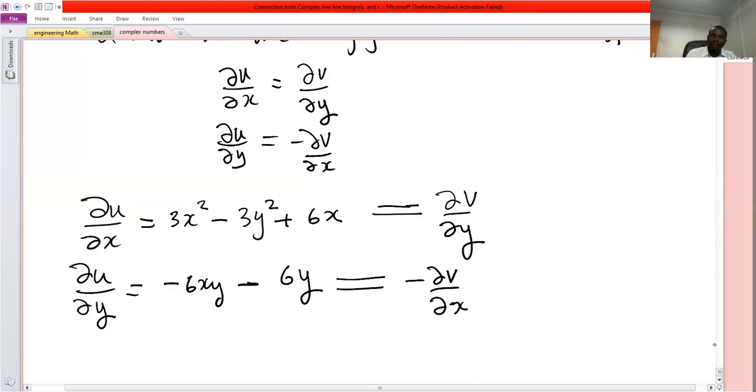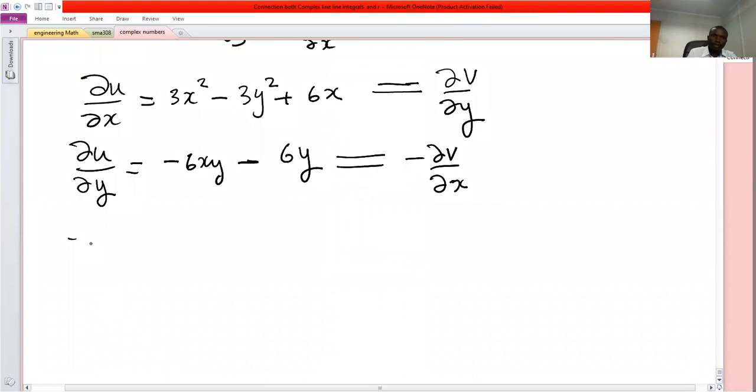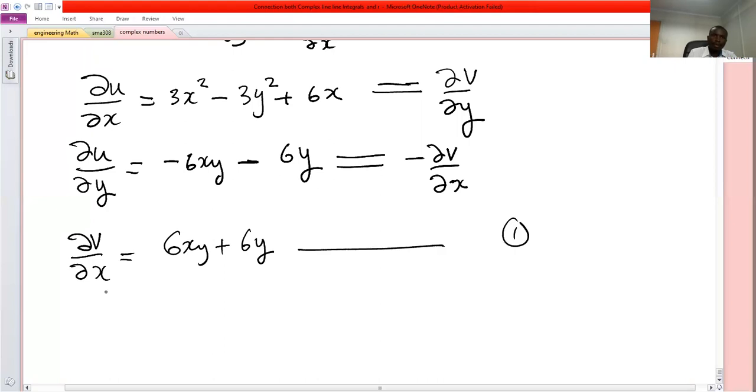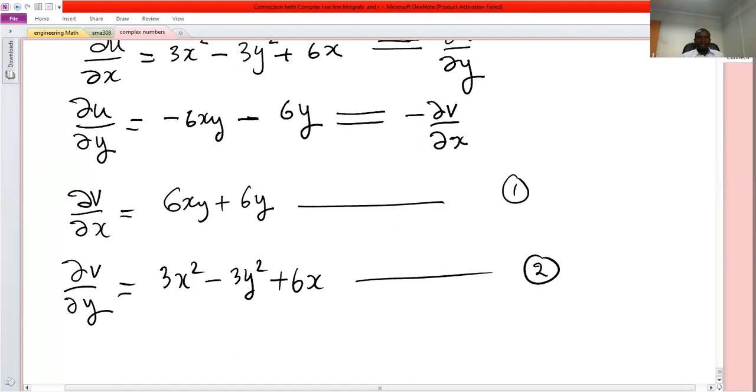So then this implies that partial v partial x, dividing through by negative, we'll have 6xy plus 6y, call this equation 1, and partial v partial y will be 3x squared minus 3y squared plus 6x, call this equation 2. So that's step 2. Next step is from calculus.